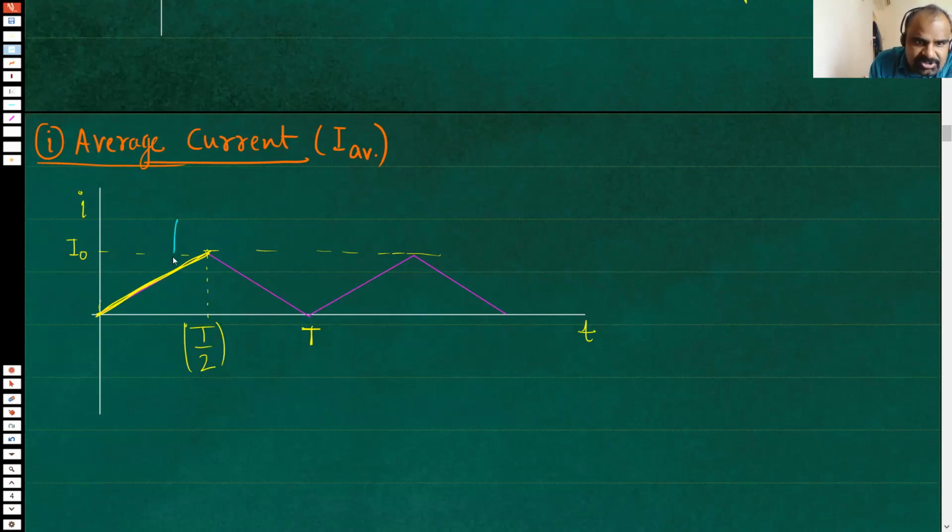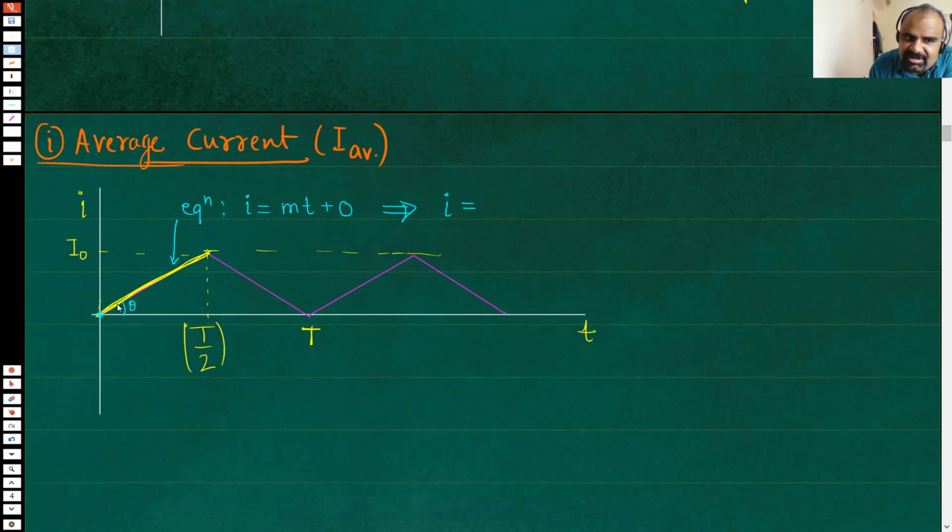So what will be the equation of this graph? It will be y equal to mx plus c. So I equal to mx, where y is I, x is t, and c is 0 because the graph passes through the origin. So what is the slope m?